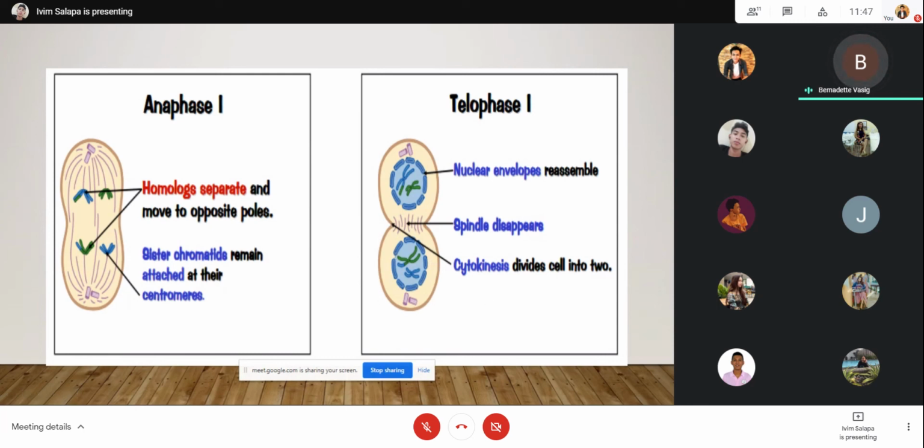How about the number of chromosomes? Yes ma'am, the number of chromosomes is 46 and 46 still. Why do you use chromosome number? Ah, the number of chromatids, ma'am. Are you sure? Can you use ploidy instead, like haploid, diploid, triploid?